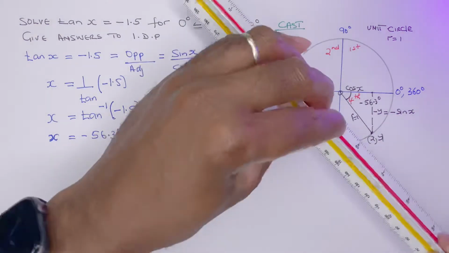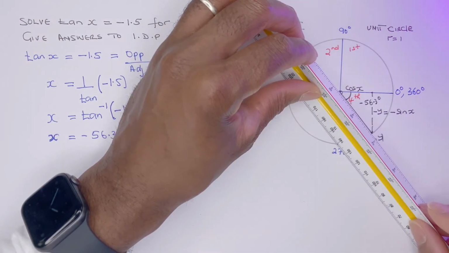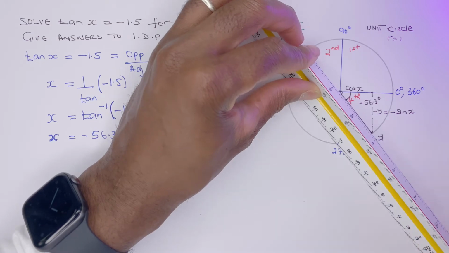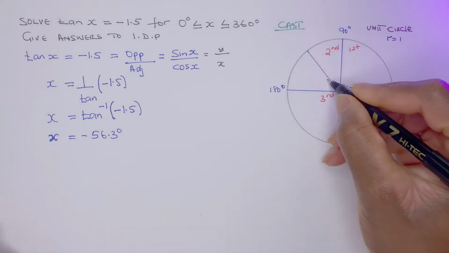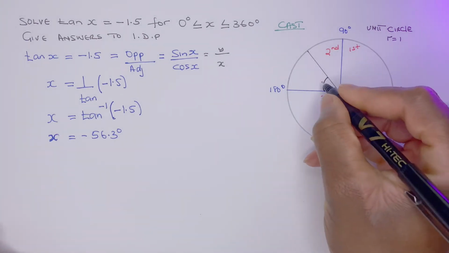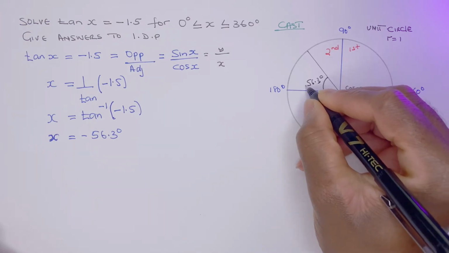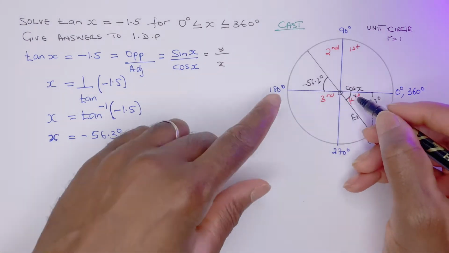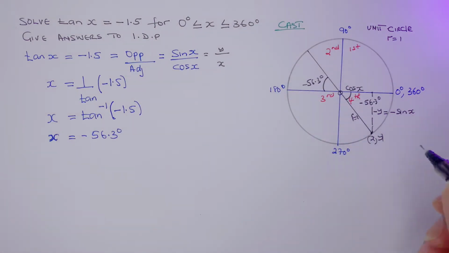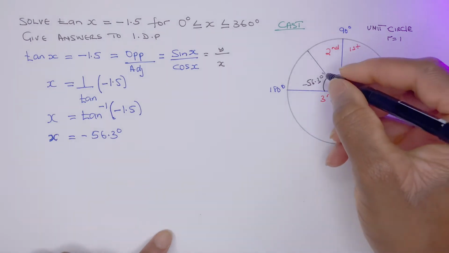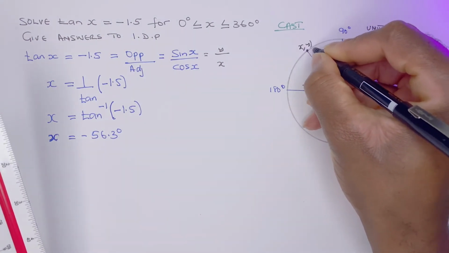But what I need to do is also extend this angle to the second quadrant. So if I just extend that, what that meant is this angle is also 56.3 degrees. Alternate angles are equal and opposite. So if that's the case, if I project, this is also x and y coordinate.